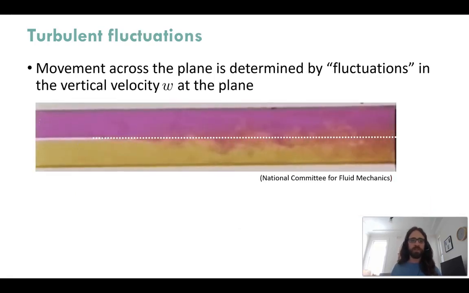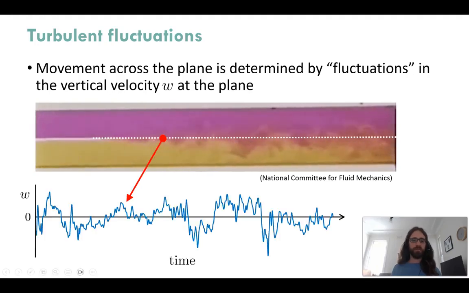This movement that is coming directly across the plane can be defined using this idea of fluctuations based on the velocity signal that you would get at the plane. So if you look at the flow that is moving past a particular point that is fixed along the plane, and you look at the vertical velocity component, so how fast the flow is moving up and down, you're going to get this variability in time that's representing these individual fluctuations.